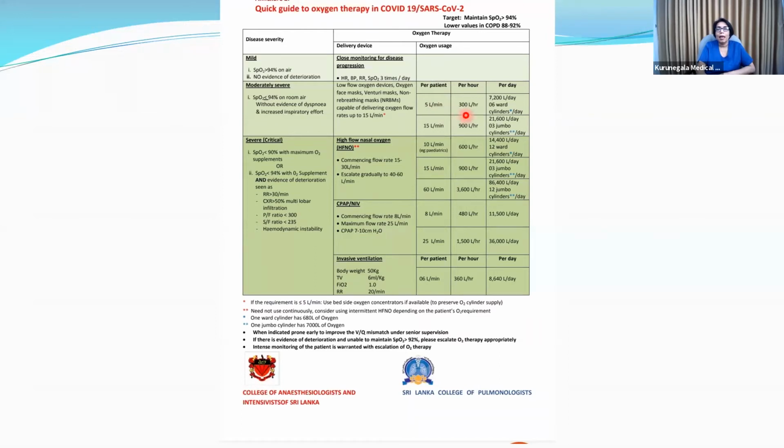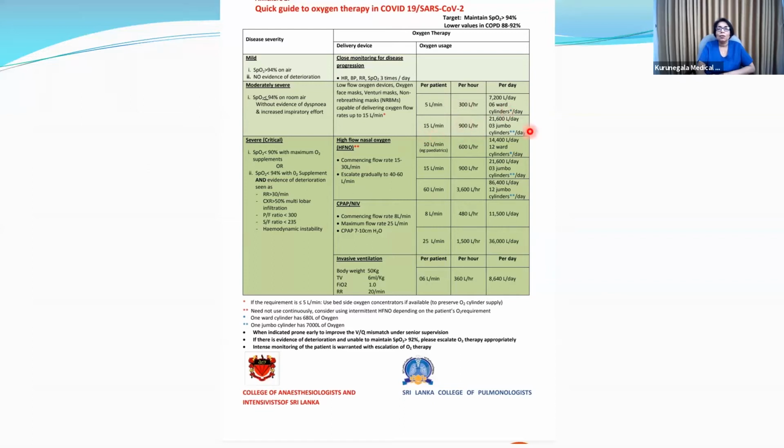And that means you need 6 ward cylinders per day. So if you provide 15 liters per minute flow, you need 900 liters of oxygen per hour, and you need 3 jumbo cylinders per day. The huge cylinders I'm talking about, they need 3 jumbo cylinders.